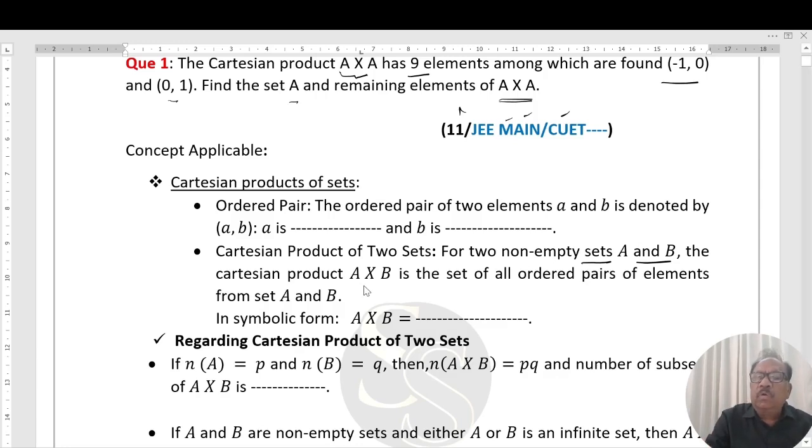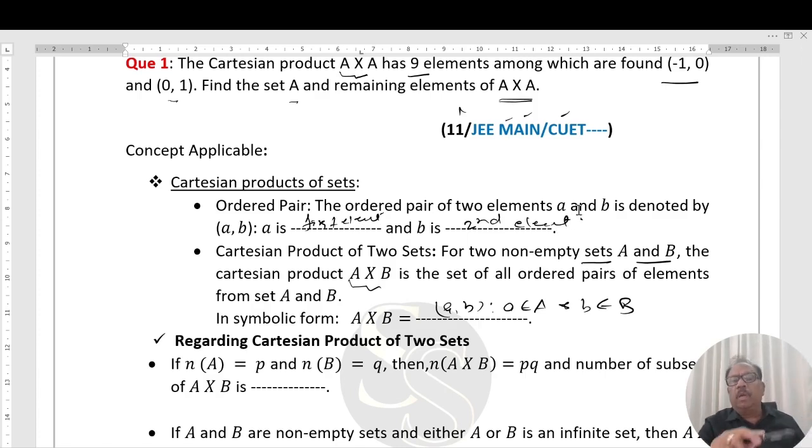The Cartesian product A cross B is the set of all ordered pairs of elements from set A and B. In symbolic form, this is written as (a, b) where a belongs to A and b belongs to B. What are ordered pairs? The ordered pair of two elements a and b is denoted by (a, b). a is called the first component, first element, and b is the second element.